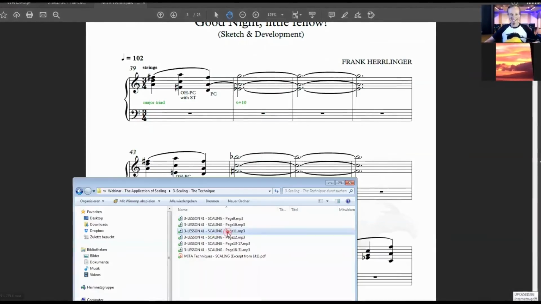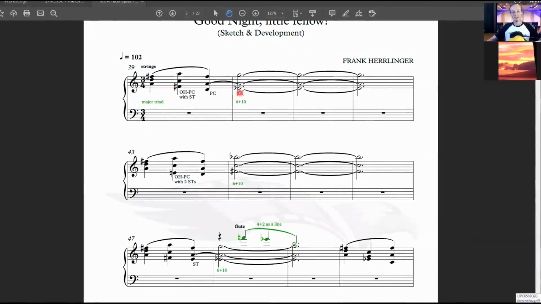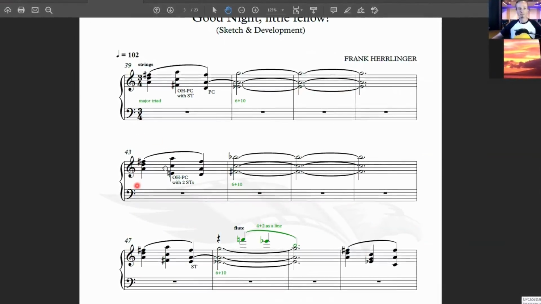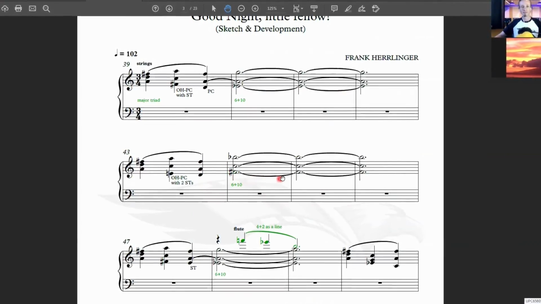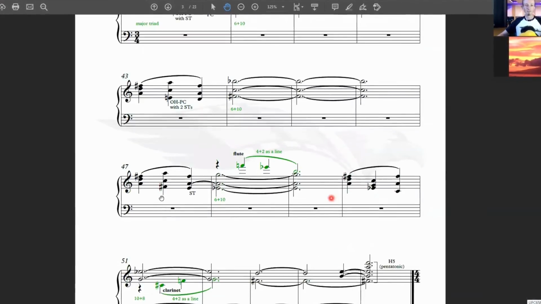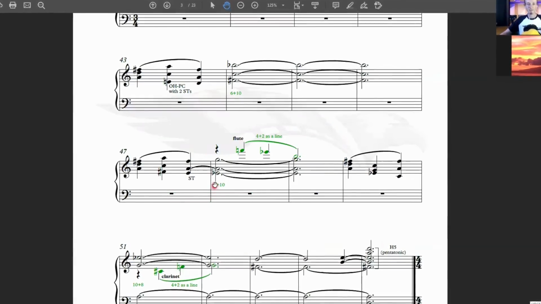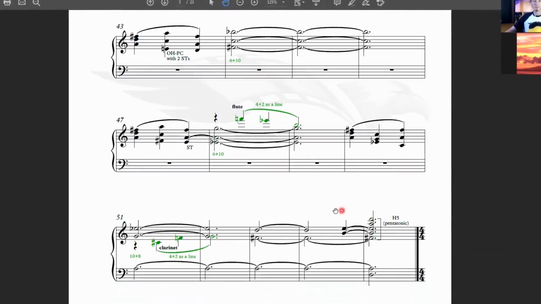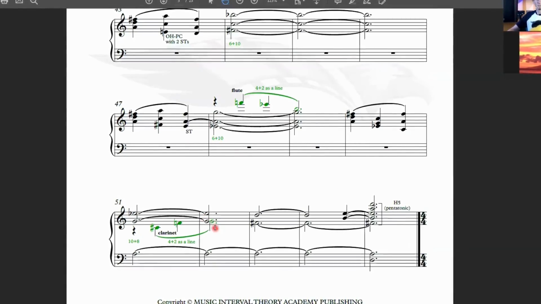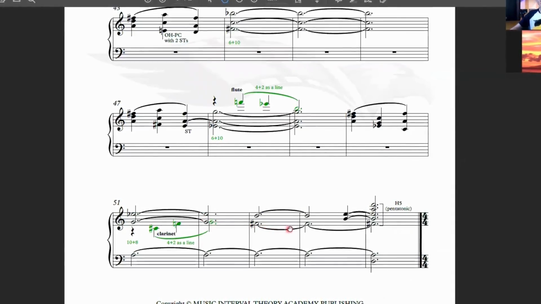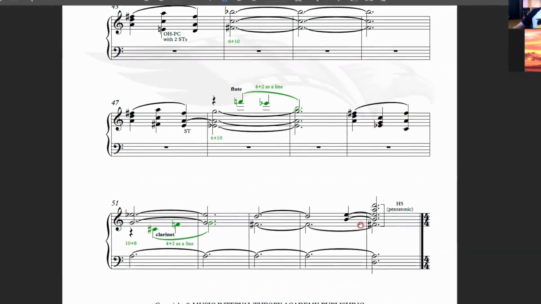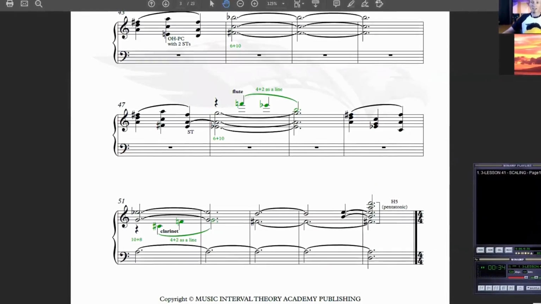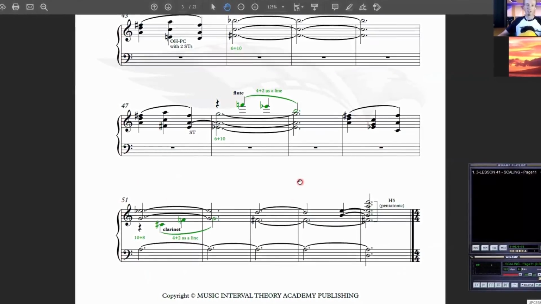It's actually quite difficult. 36 seconds of music coming out of a D major triad.